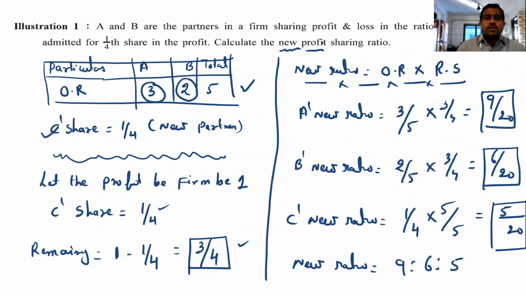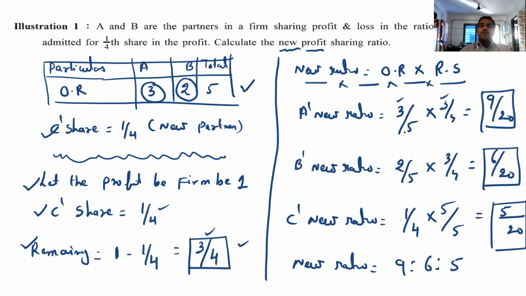Nothing is saved, so let the profit of the firm be 1. C's share comes to 1 by 4. So the remaining share is 1 minus 1 by 4, which comes to 3 by 4. Now the formula: new ratio is equal to old into remaining. A's new ratio is 3 by 5 into 3 by 4. 3 threes are 9 and 5 fours are 20.